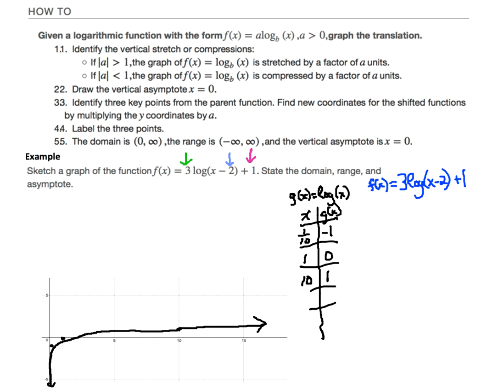Okay, so the first thing that we want to do in transforming is to add 2 to each input value, and then I will, on my outputs, multiply by 3. Oops, let me keep my colors consistent.